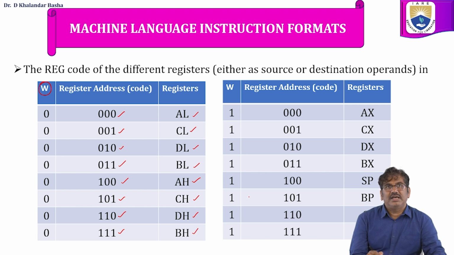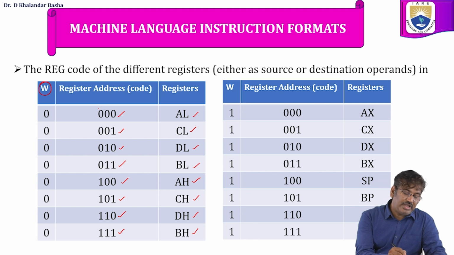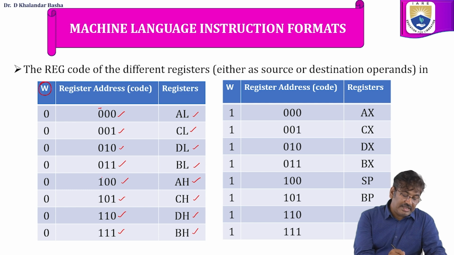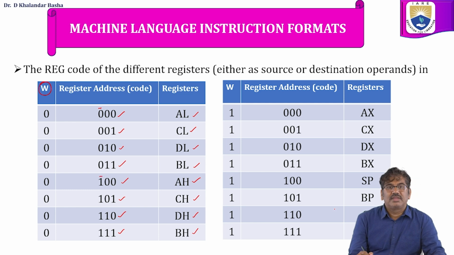So if you observe the register address code, if the MSB is equal to 0, it specifies the lower order byte of the registers like AL, BL, CL, DL. When the MSB is equal to 1, it specifies the higher order byte of the register, which is AH, BH, CH and DH.